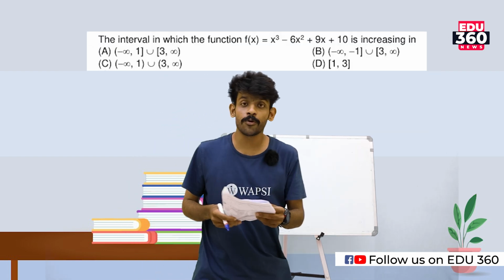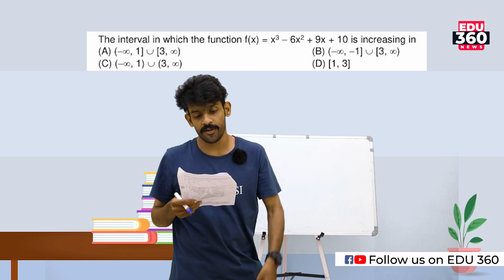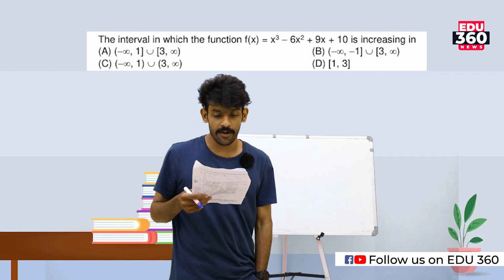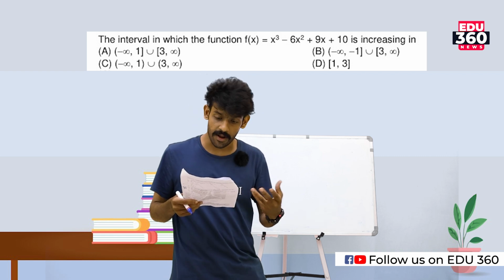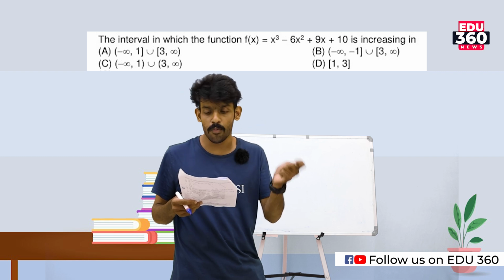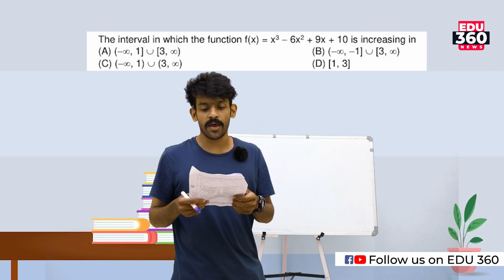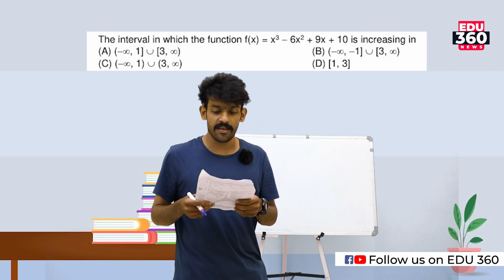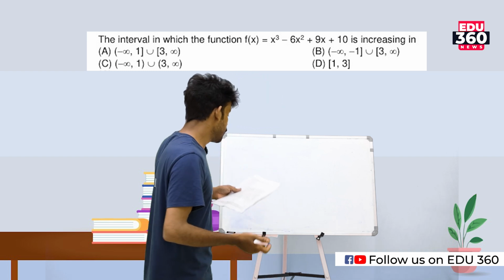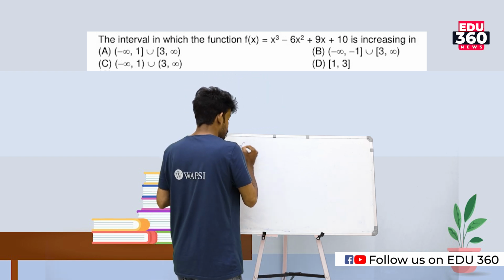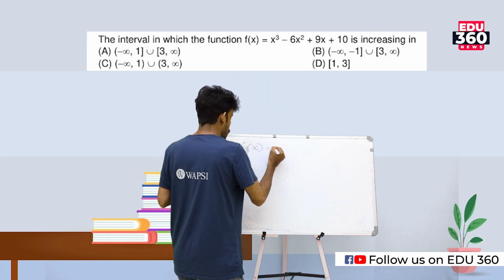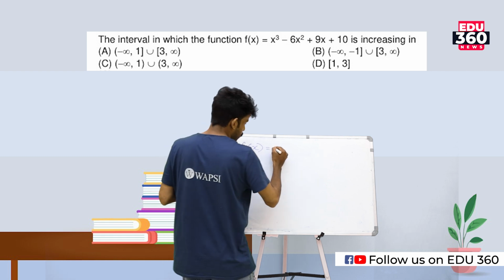So the fourth question is, look at the question: the interval in which the function f of x is equal to x cube minus 6x square plus 9x plus 10 is increasing.